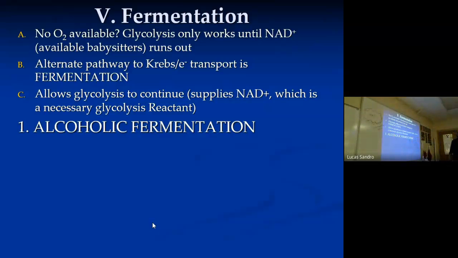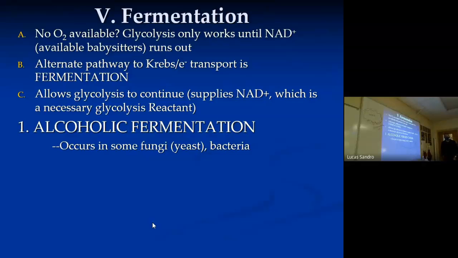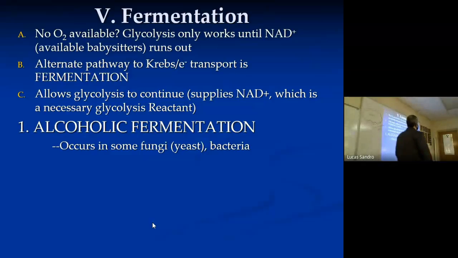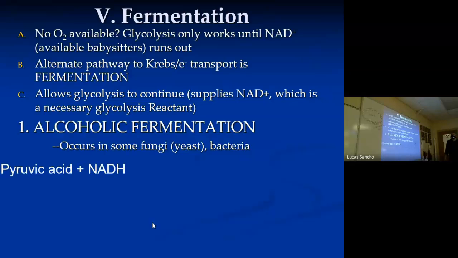Alcoholic fermentation, which is done by one particular kind of fungus called yeast, one of the few one-celled fungi, and many bacteria. And the equation for alcoholic fermentation, along with structural formulas, because I think they come in handy now to see what you're dealing with.